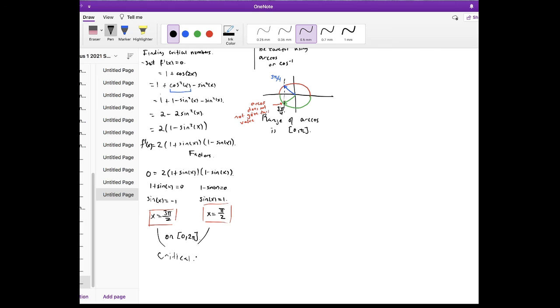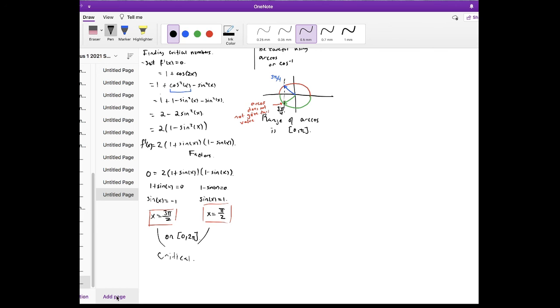So what do we do next? What do we do to use those critical numbers? Good, yeah, check the close left and right values.